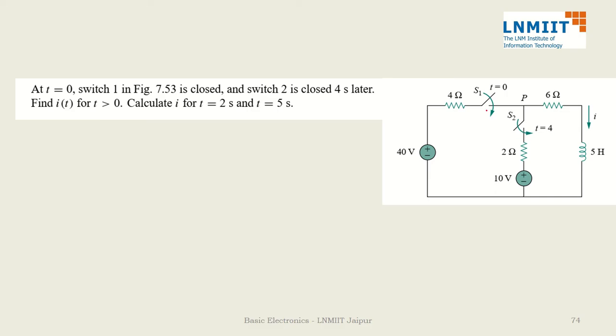So when S1 is open, S2 is open, none of the sources are connected to the inductor. That means I initial is 0 for t less than 0. When I switch this on, I will assume that forever only this condition will work. Let me not be worried about this right now. So when this condition is prevailing, 4 plus 6, 10 ohm is connected to 40 volt.